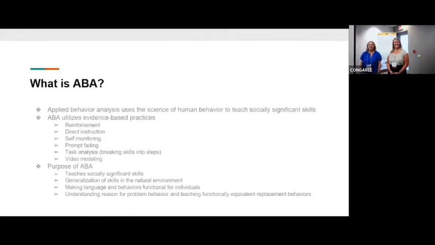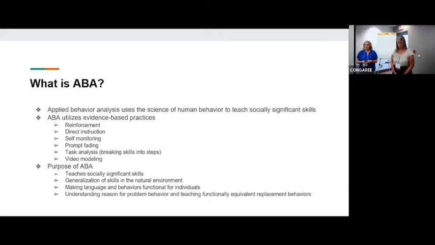Yeah. Okay. So ABA is really just a science of human behavior. And when we're working on it, we're targeting skills that are socially significant. They're going to have a big impact on our learners' lives. We're not just going to pick something to work on because it's in the standards and it says we have to do it. It's got to be meaningful and functional. So that's super important.